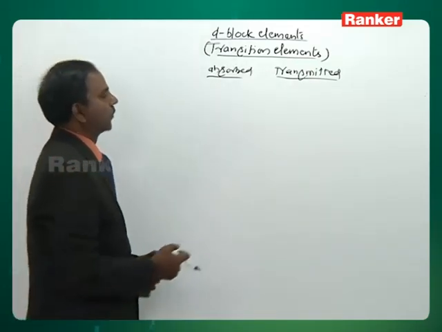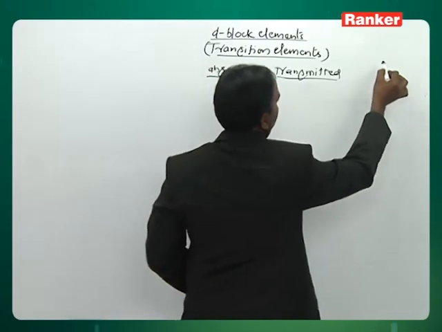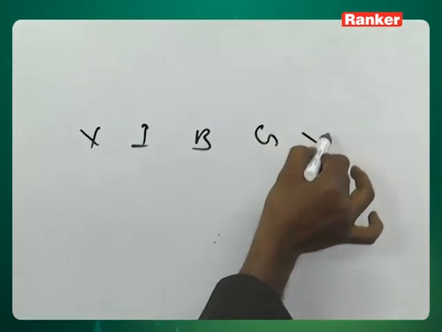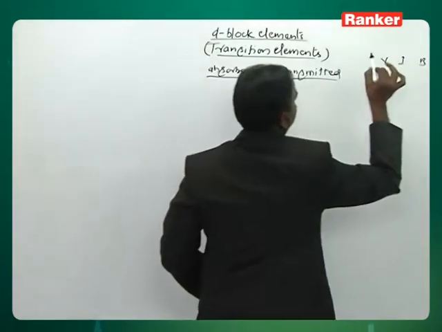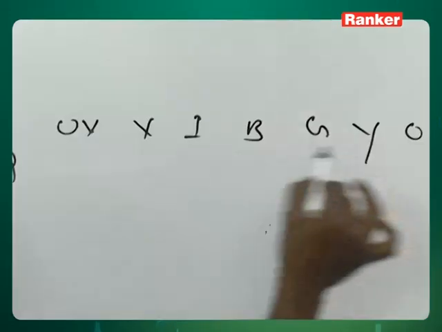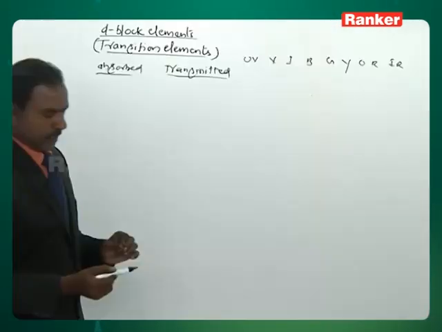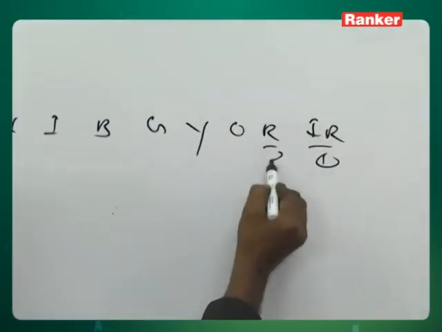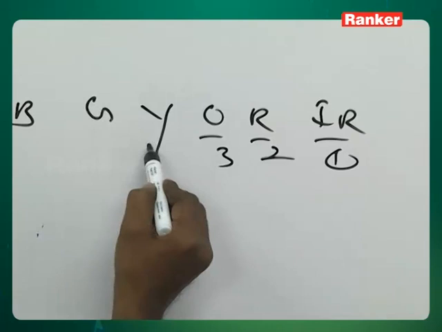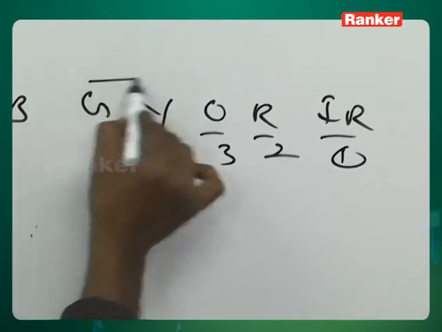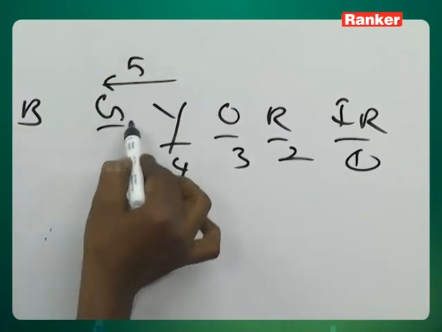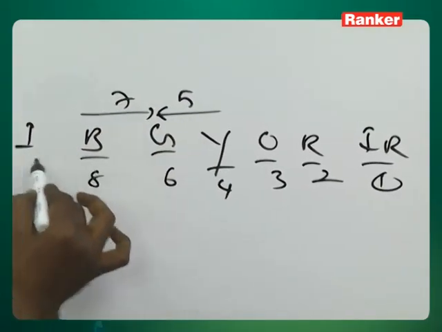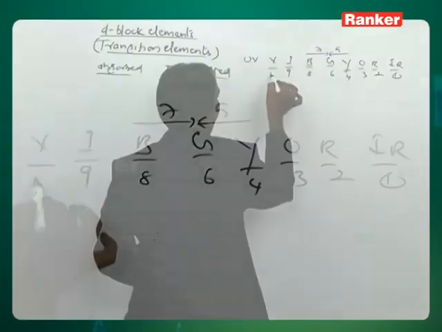First I will write VIBGYOR. Here I write UV, and here I am writing IR. Let me number these colors. You see, it is infrared, red, orange, yellow, yellow green as a combined color, then green, and again blue green and blue, then indigo and violet.